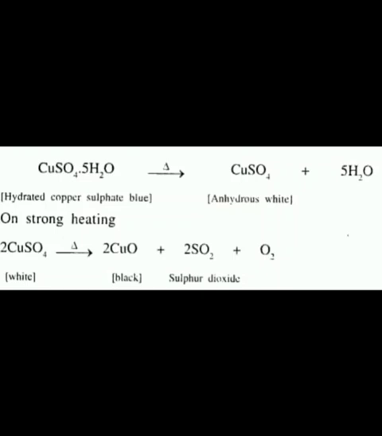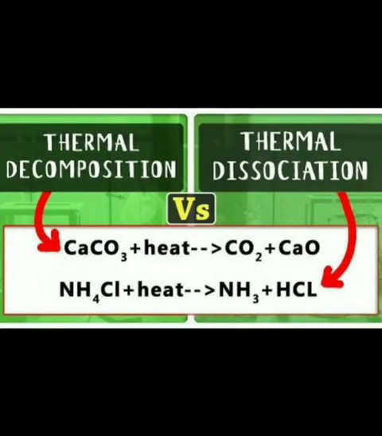Then the next one we have to discuss is thermal dissociation. Thermal decomposition, you understood? That is the reaction brought about by heat. Now we'll discuss what is thermal dissociation. See here, thermal decomposition and thermal dissociation.